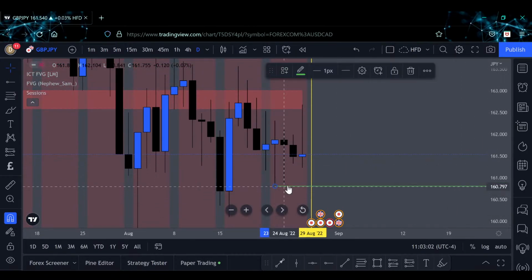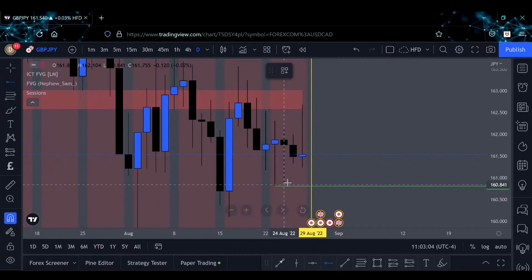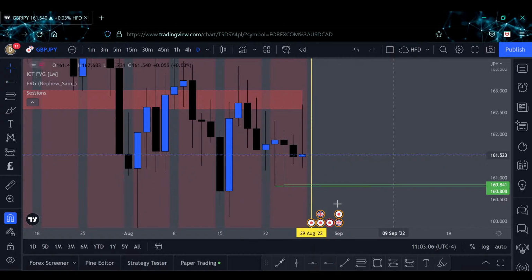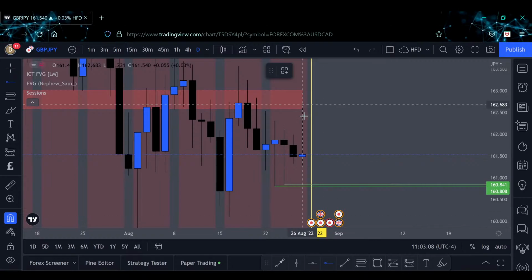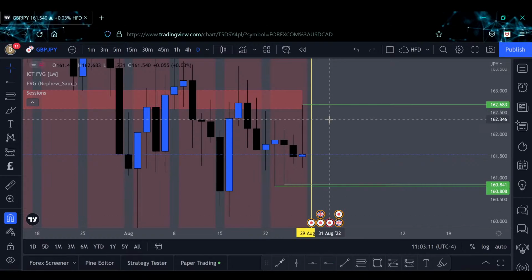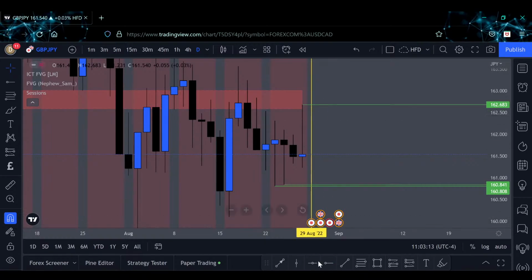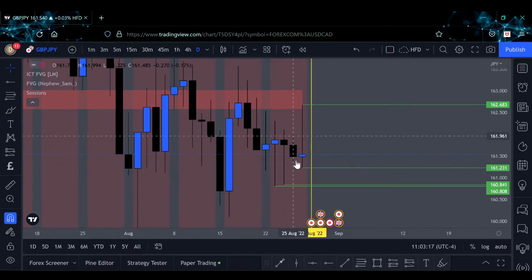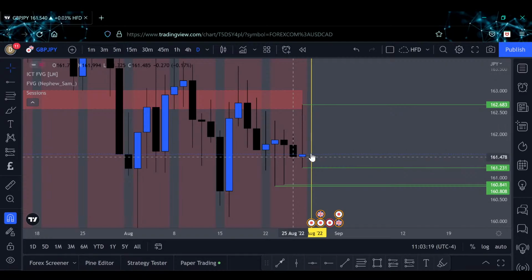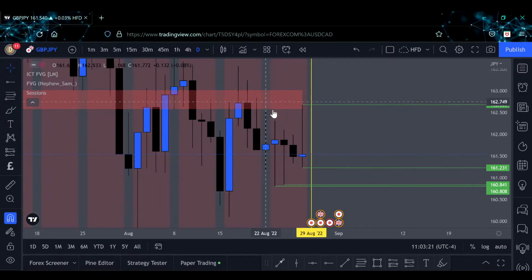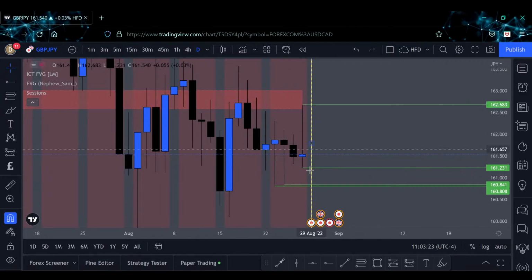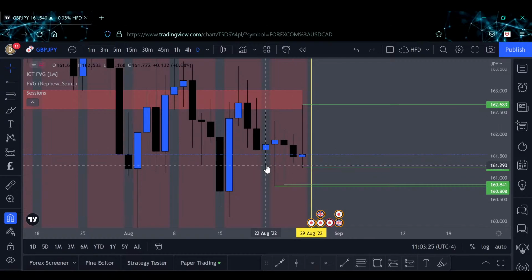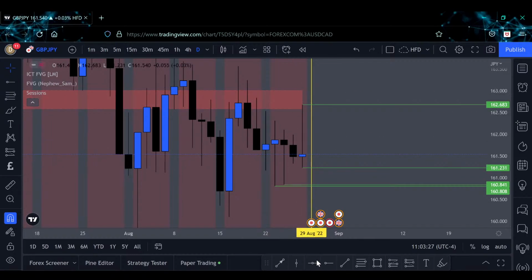So there's relative equal lows here that could be targeted. So high up there. There's also the low for that day. This day's been taken, or the liquidity's been taken for these days. And it's reversed. The next one up here.